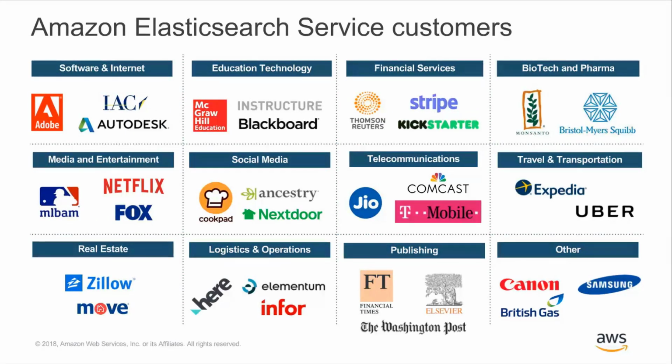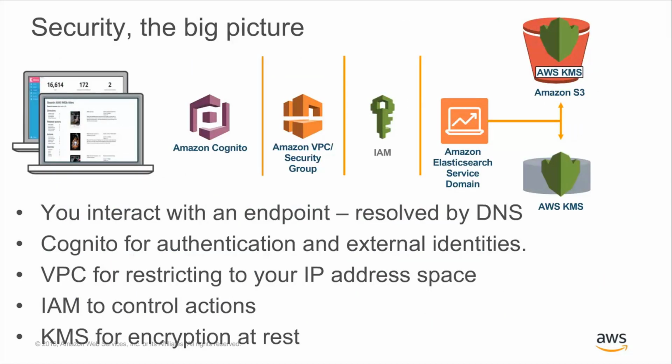We have a number of different customers, and I'm not going to go into any detail here, but the point is that we see Elasticsearch used across the board for many different industry verticals, and most of these are, again, the log monitoring use cases.